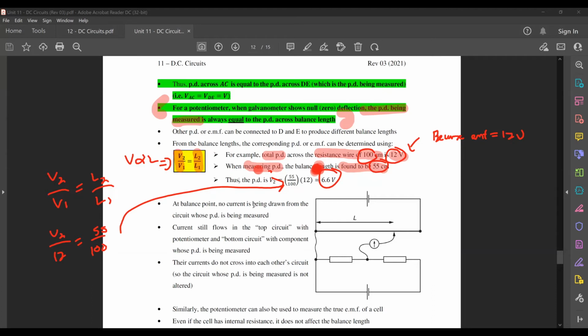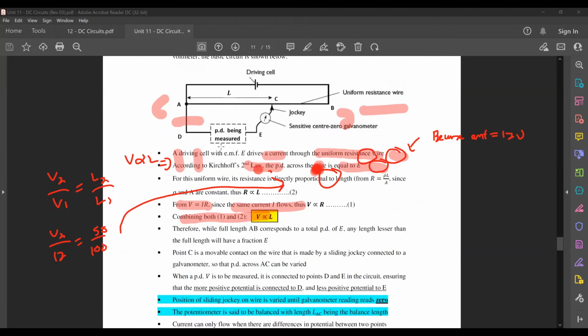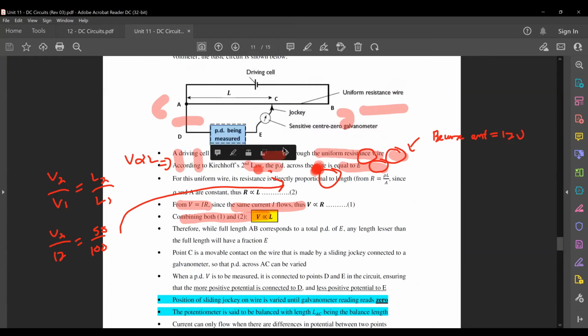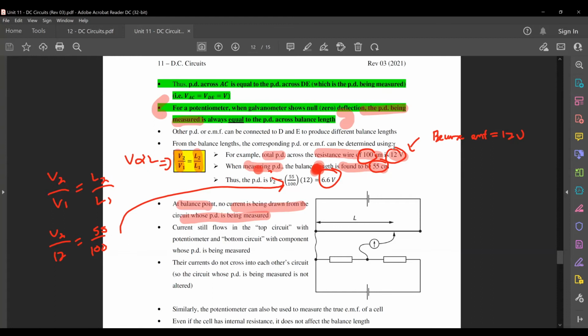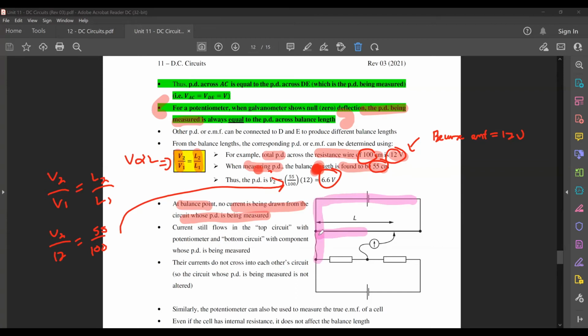All right. Okay, now some other things I should mention to you. At balance point, no current is actually being drawn from the circuit whose PD is being measured. Okay, so in your diagram here, you just see that this one is where I say PD is being measured, right? The full diagram could look like this. This entire thing here is your potentiometer.